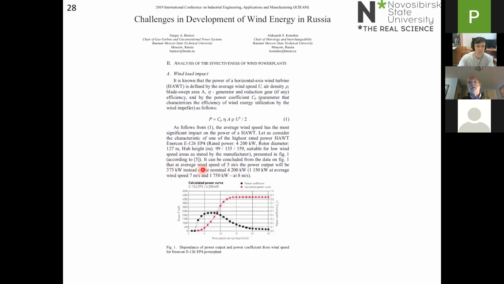An average wind speed of 5 meters per second will generate a lot more than an average of 375 kilowatts. And we'll look at ways, using SAM, where we can turn the turbine power curve into what's usually called the annual energy production. How many kilowatt hours per year does my wind turbine produce?